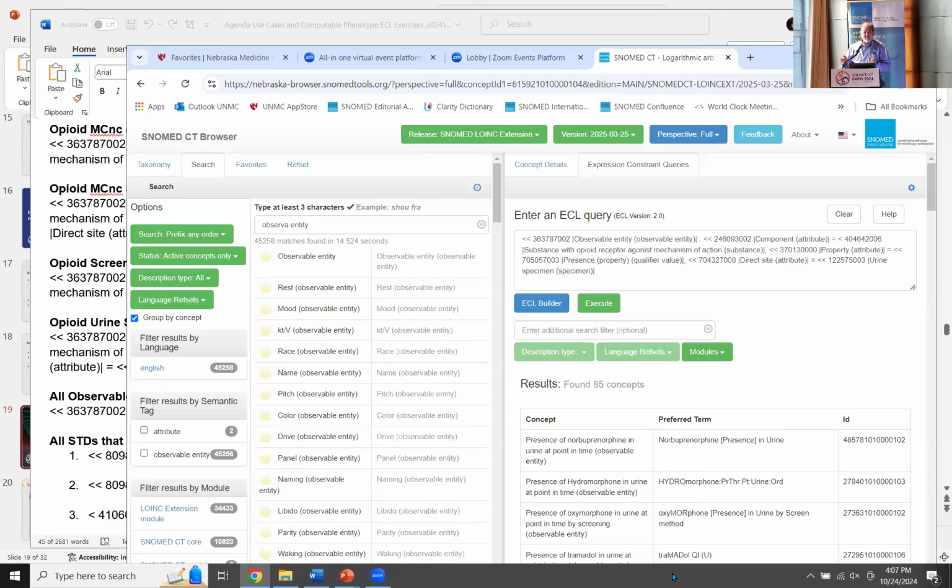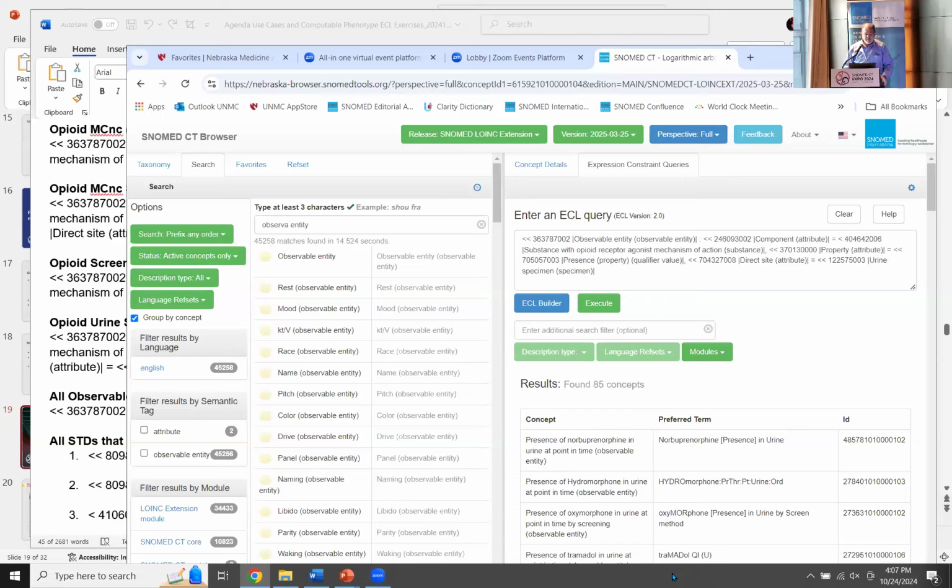And then we can take advantage of that knowledge and look for lab tests that have all of those substances as the component of the test. If you're just working with LOINC itself, you don't have that knowledge of what things are opioids. All you have is the names of the compounds themselves.